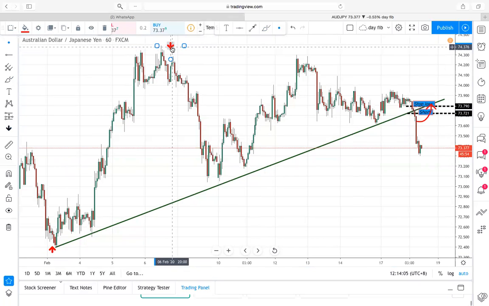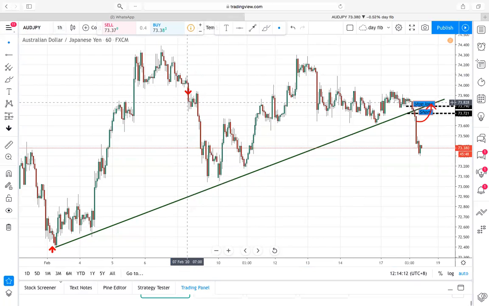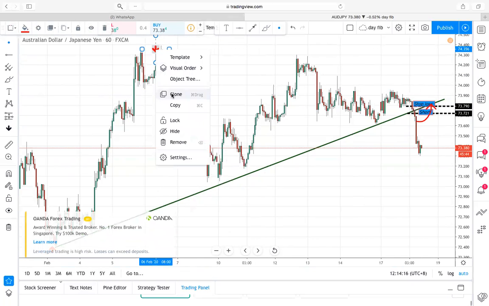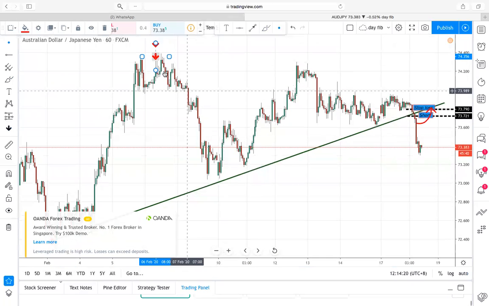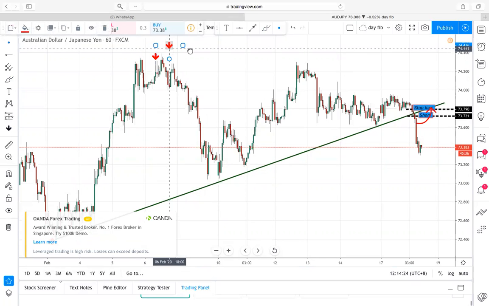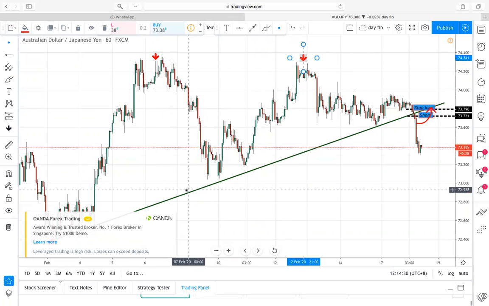That's not the answer. So my profit target will not be where these two red arrows are showing me, right?